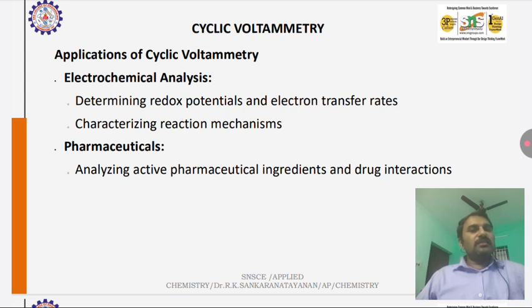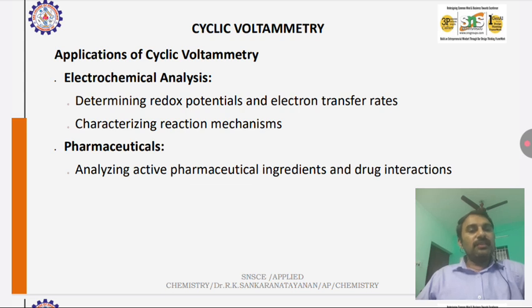We can also analyze active forms of drugs, and there are so many other applications. People working on hydrogen production, or 2 electron and 4 electron transfer reactions, find cyclic voltammetry mainly useful.